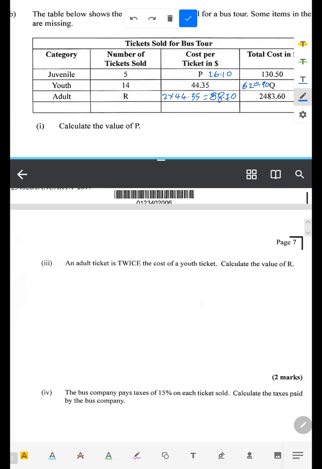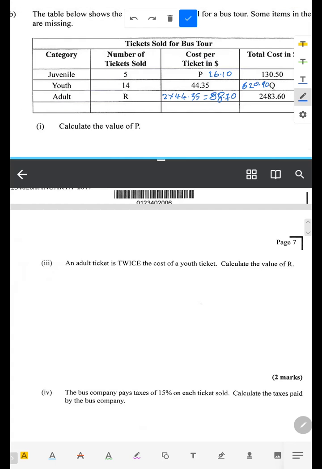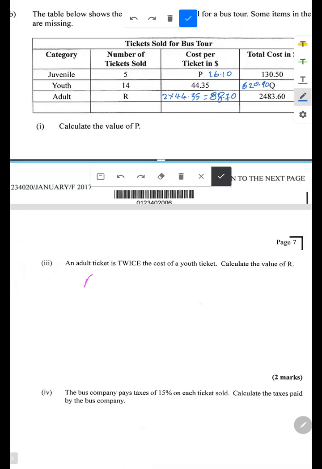So the adult tickets is for that. And the next one is to calculate the value of R. So again, it will be R times the 88.70. That will now be equal to 2483.60.